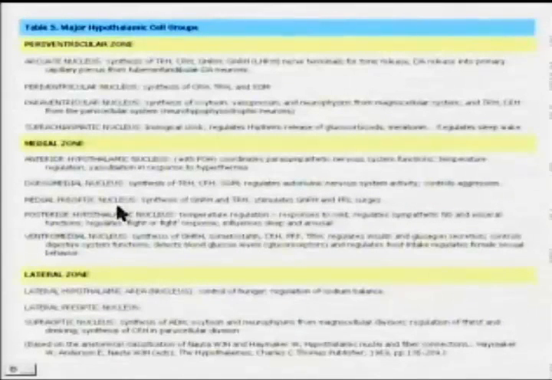The medial preoptic nucleus, we find neurons synthesizing GnRH and TRH, and also these are associated with stimulating the GnRH and the prolactin surges. So we saw the tonic HPG function back in the arcuate nucleus of the periventricular zone, and the pulsatile function here in the medial preoptic nucleus.